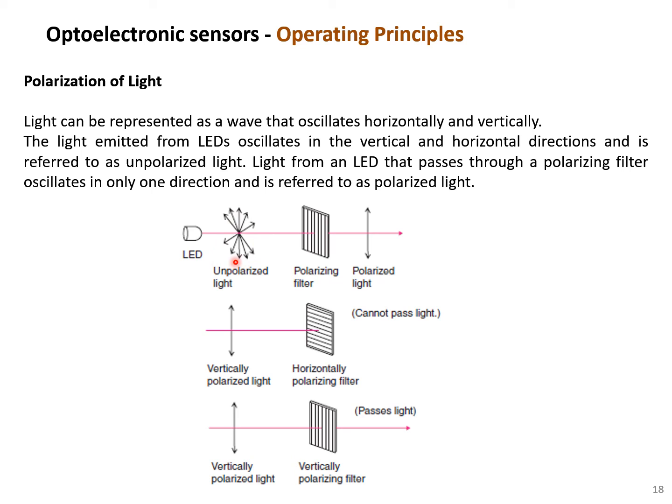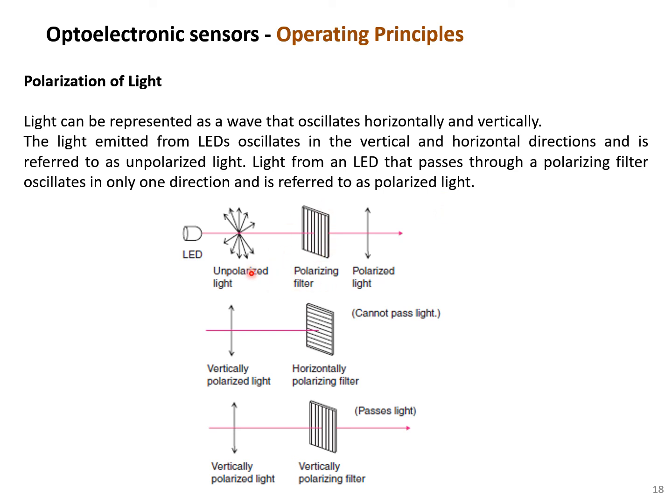So this is unpolarized light. The output of one LED, a normal LED, is unpolarized light. The light emitted from LEDs oscillates in the vertical and horizontal directions and is referred to as unpolarized light. Light from an LED that passes through a polarizing filter oscillates in only one direction and is referred to as polarized light.